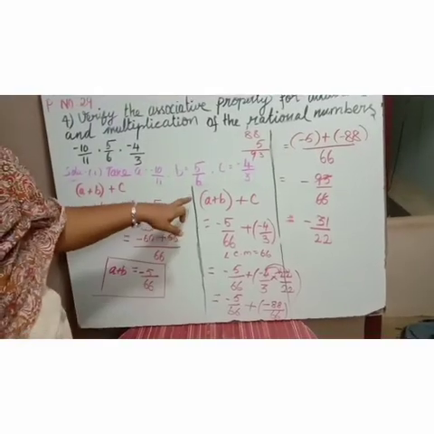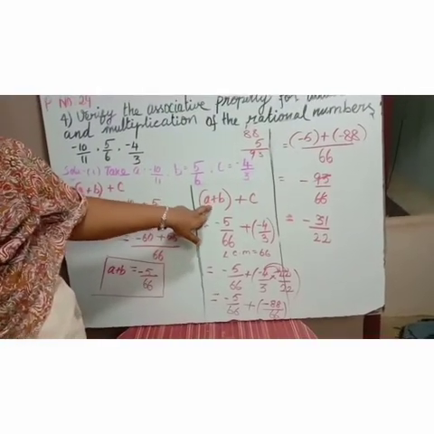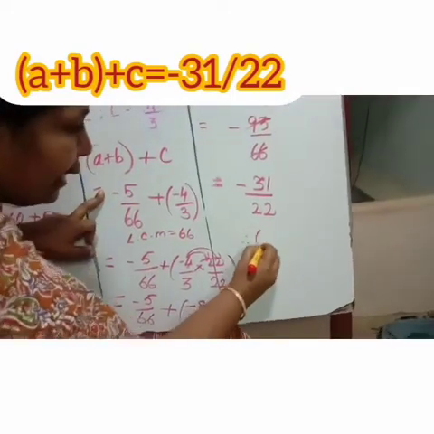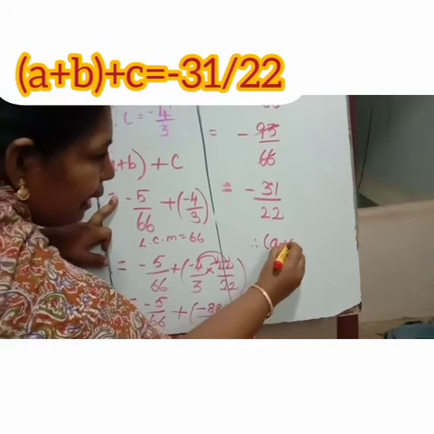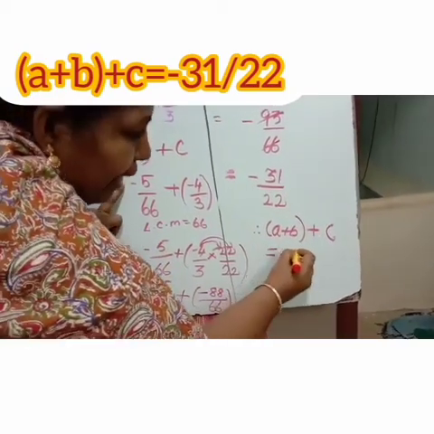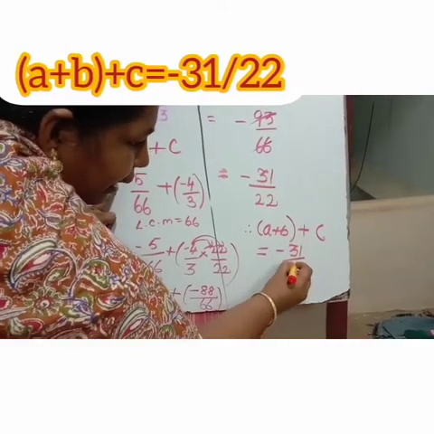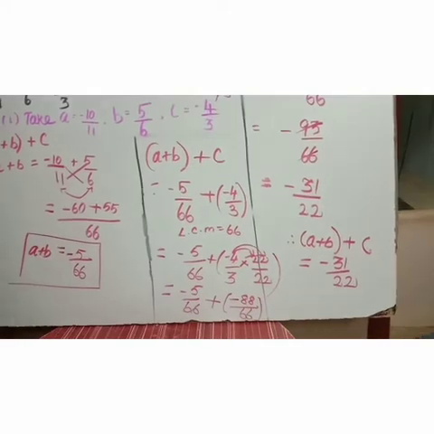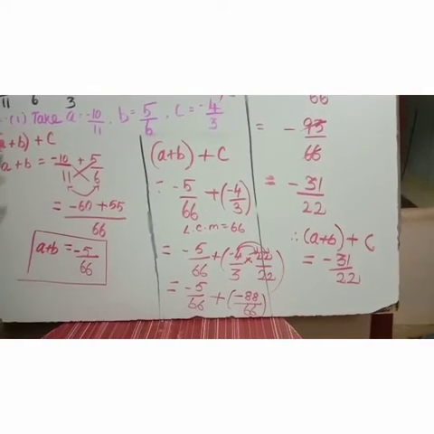So students, (A + B) + C is equal to minus 31 divided by 22. Do you remember?